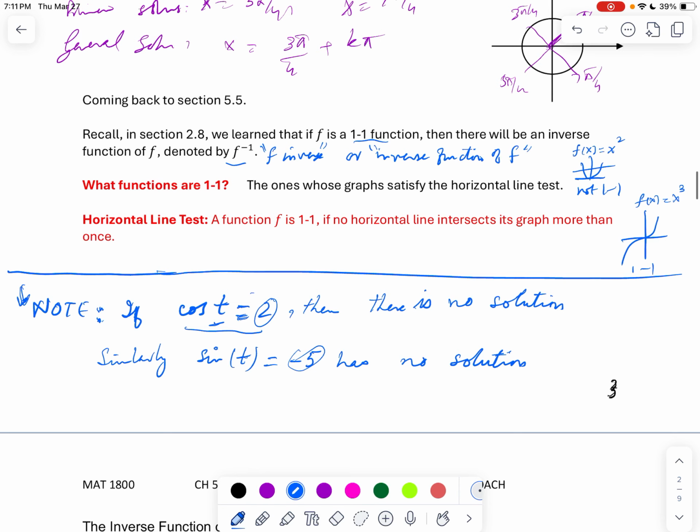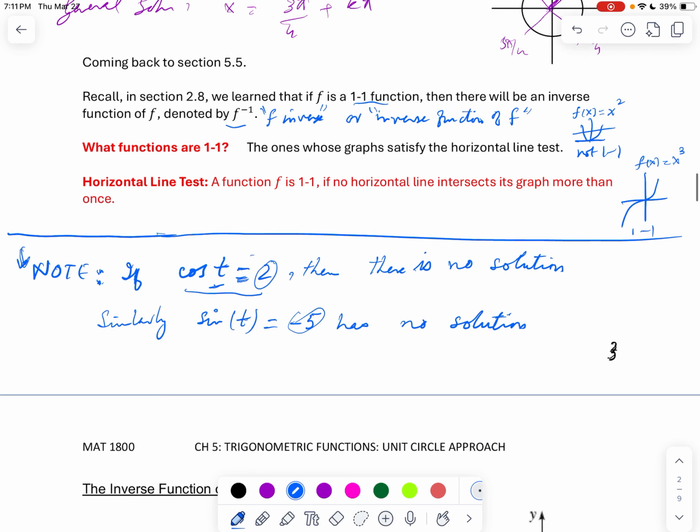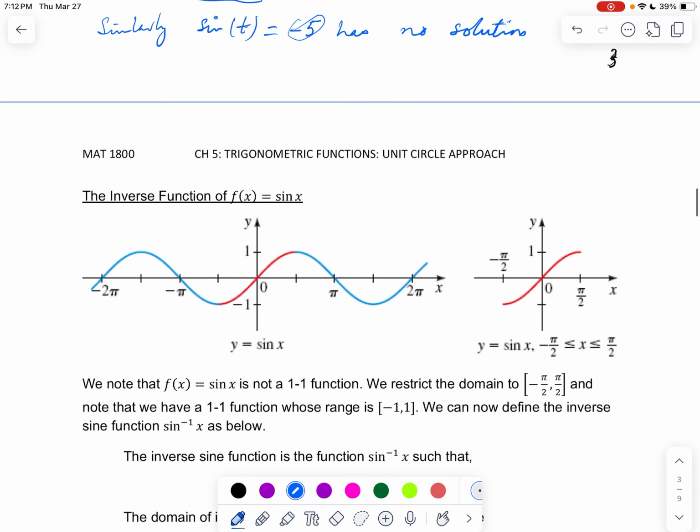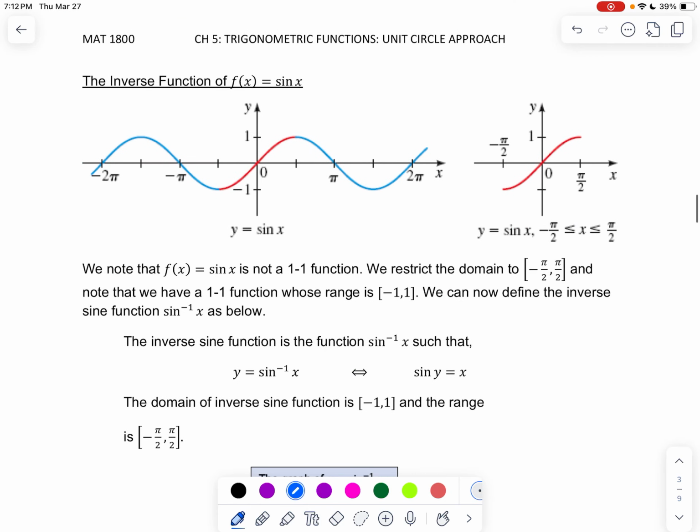Now we want to see if we can create an inverse sine function, inverse cosine function, and inverse tangent function. Looking at the graph of the sine function, we notice that this is not a one-to-one function, because if I draw a horizontal line, it crosses the function in infinitely many places.